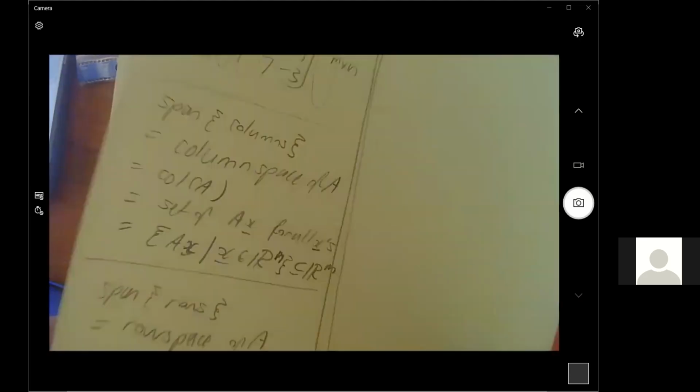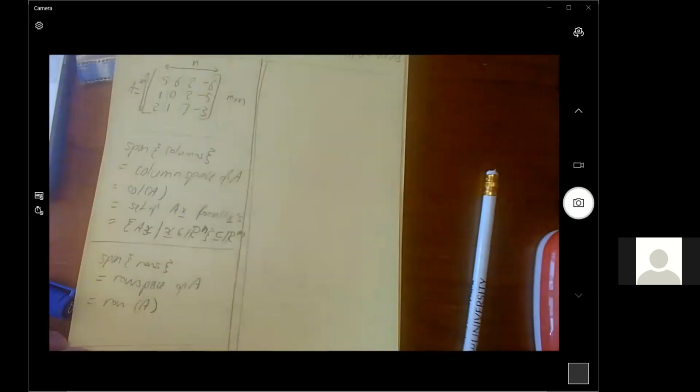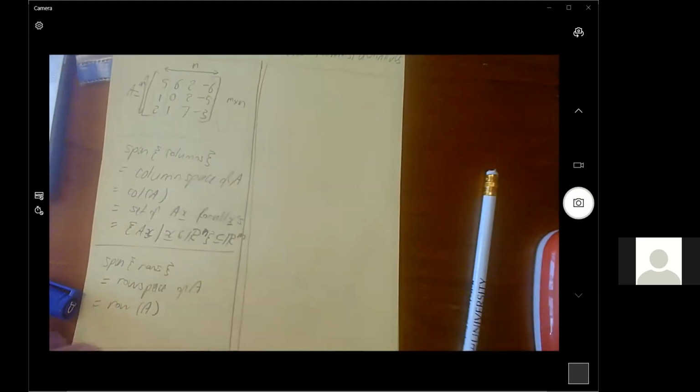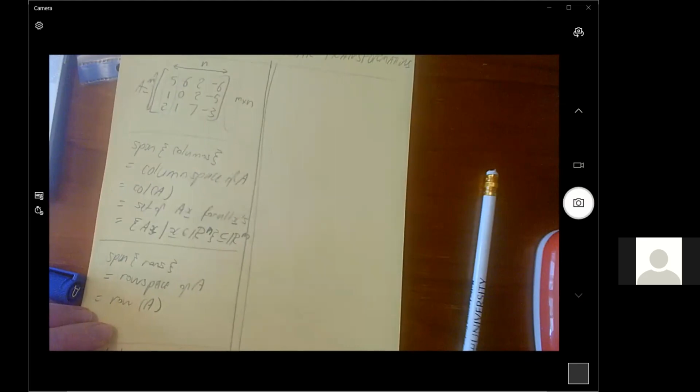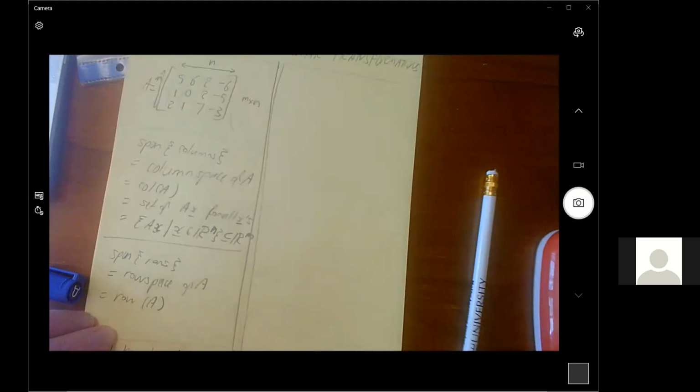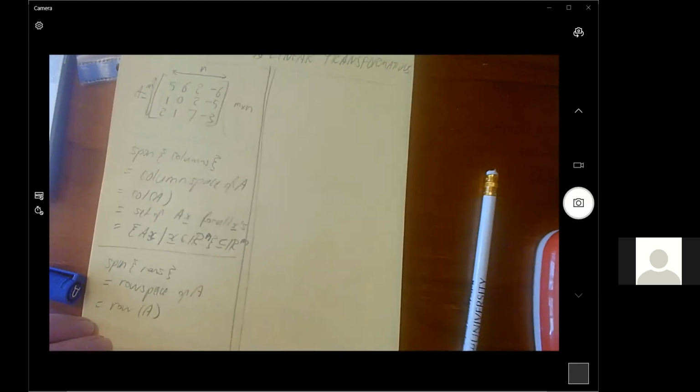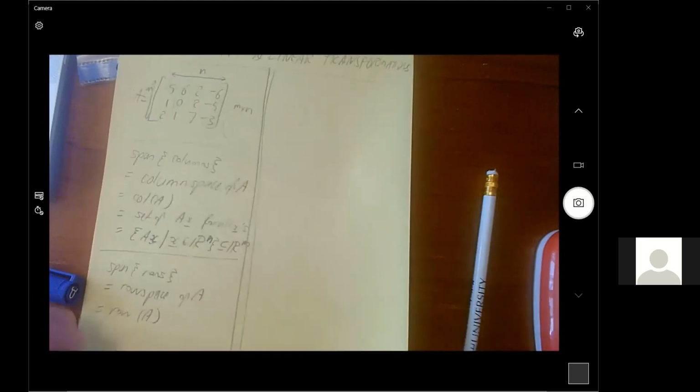The problem is that matrices are also capable of doing something else. Matrices aren't just lists of numbers. They're not just collections of vectors or coefficients of equations. Matrices are also capable of producing a linear transformation. I'm just going to talk about that separately for a second. So a linear transformation is any function that takes vectors in and spits vectors out in such a way that this holds.